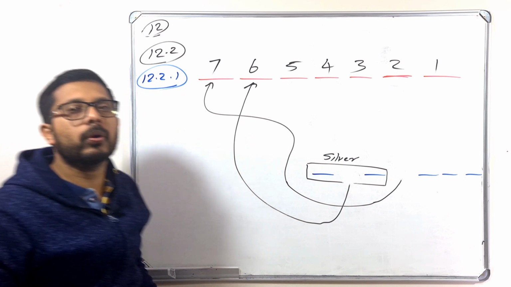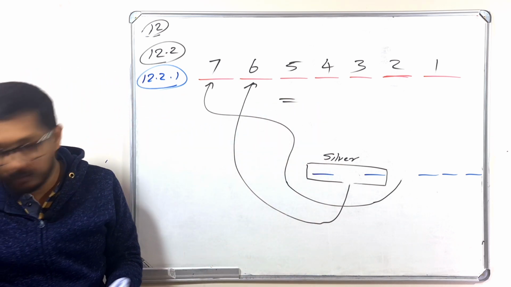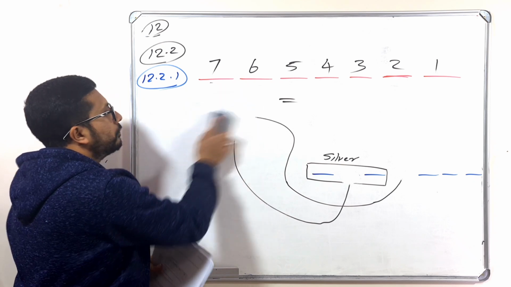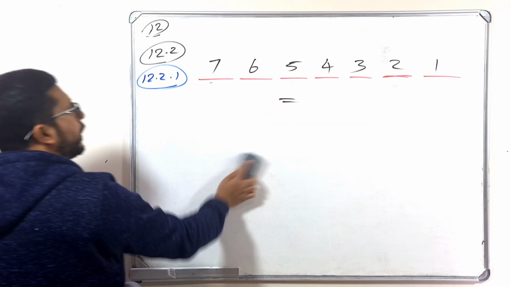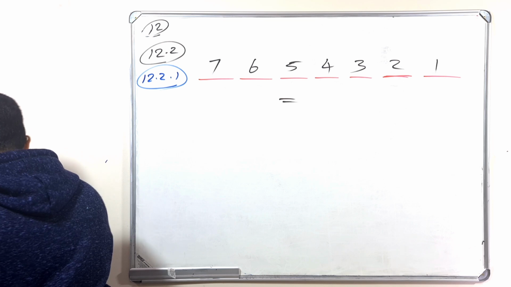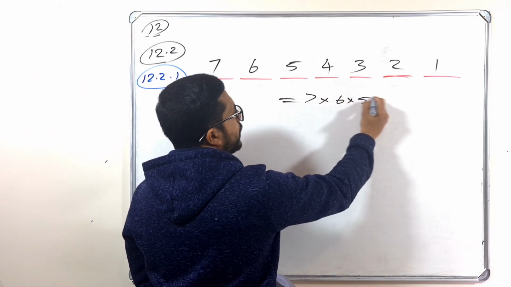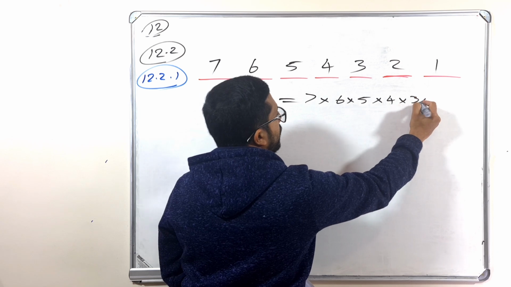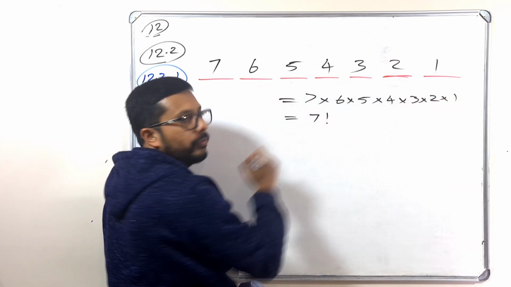Okay, so in total, how many options without any condition? Just leave all these arrows. So how many options do I have without any condition? 7 times, 6 times, 5 times, 4 times, 3 times, 2 times, 1. That is the same as 7 factorial.